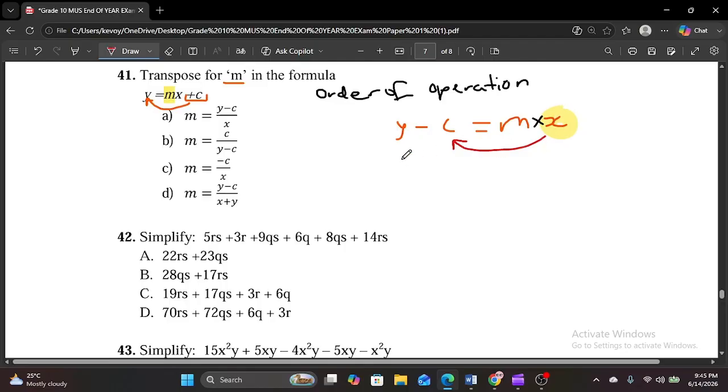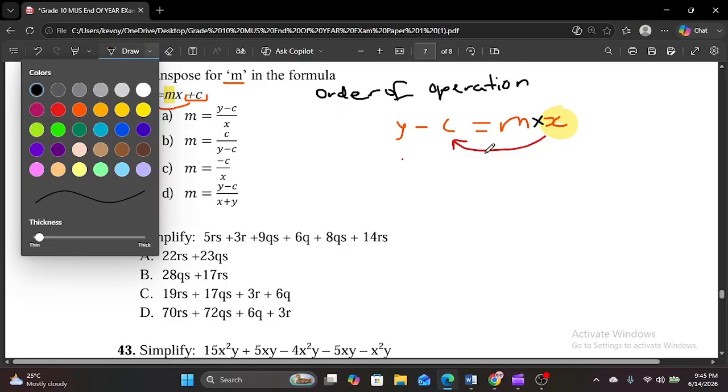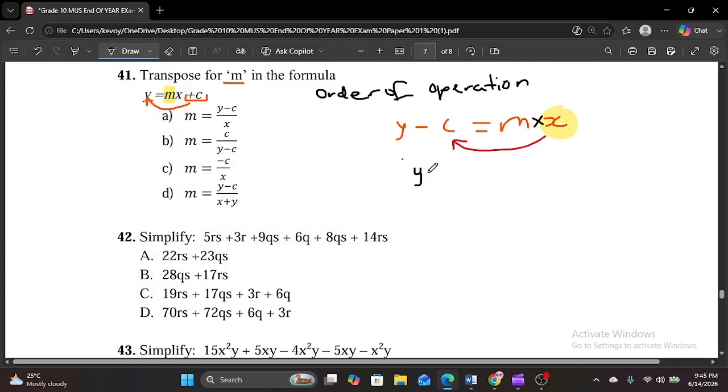So for my final answer, I'm going to have y minus c being divided by x, and all of that is going to be equal to m. So you're doing the reverse of the order of operations. So y minus c over x, this right here is going to be my answer.